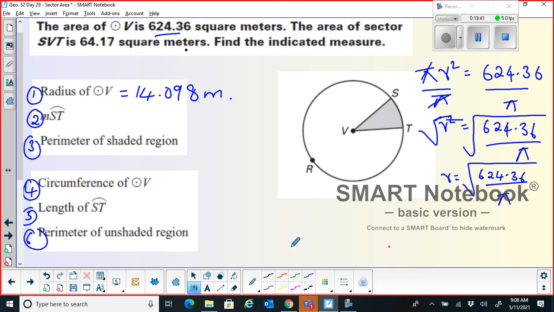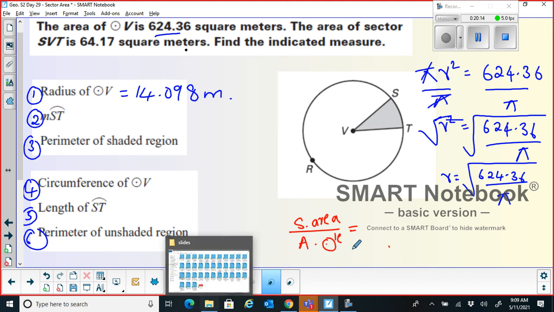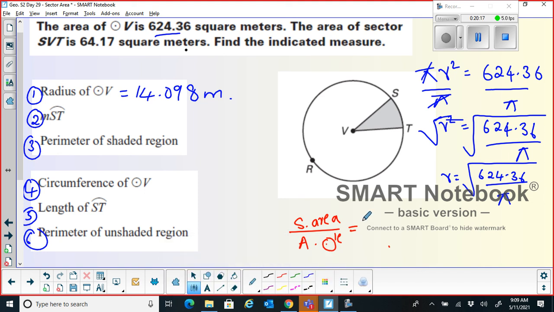We learned a formula where the sector area divided by area of circle is nothing but the angle made by the sector divided by 360 degrees.